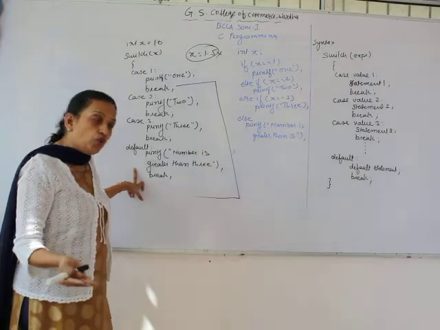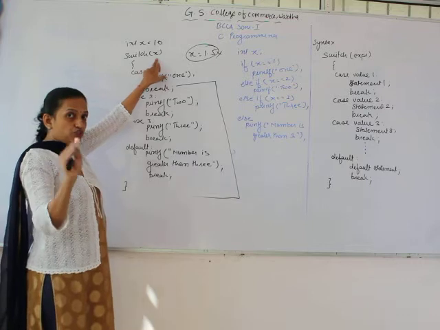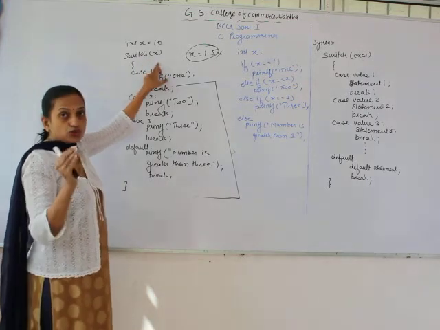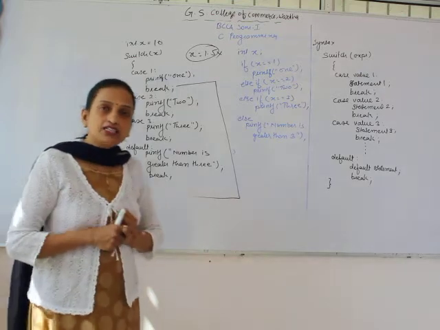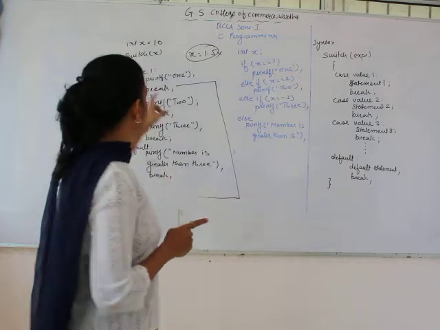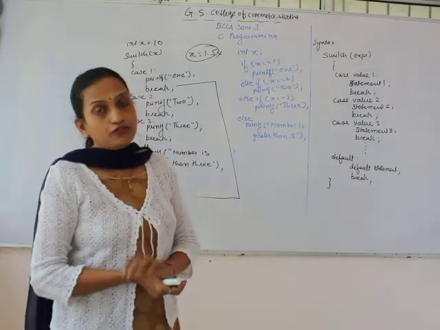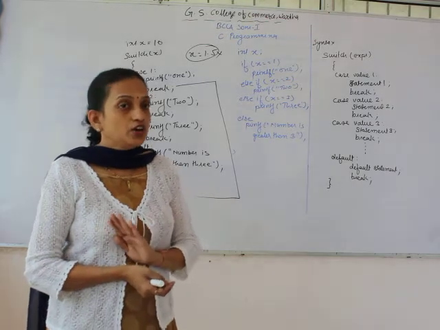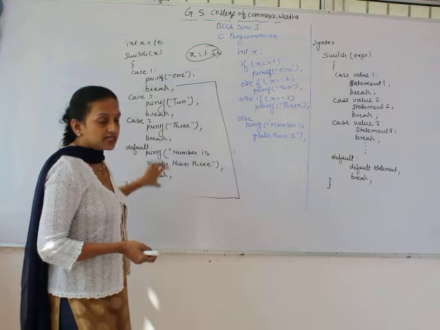The next rule is the value of this expression which you switch with the switch statement must be either integer or character. Okay, so this value must be either integer or character. The float value will not be allowed in a switch case statement.